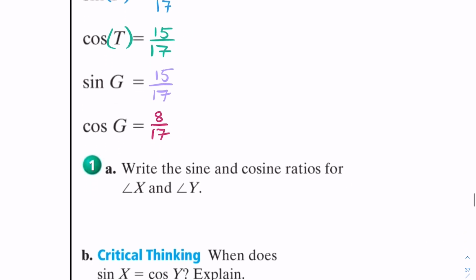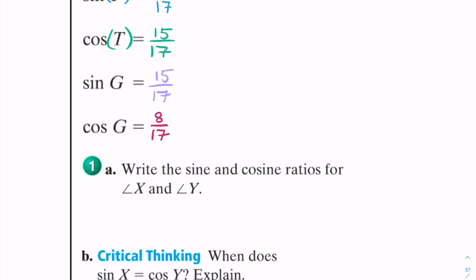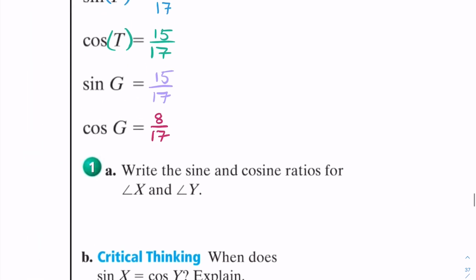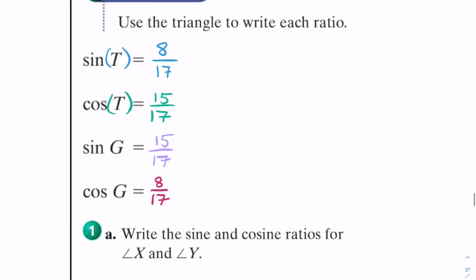And so it says write the sine and cosine ratios for angle x and angle y. Well, here's what's really cool. Check this out. We have 8 over 17. Take a look at this one and this one. We're able to say that sine of angle t is equivalent to cosine of angle g, right?